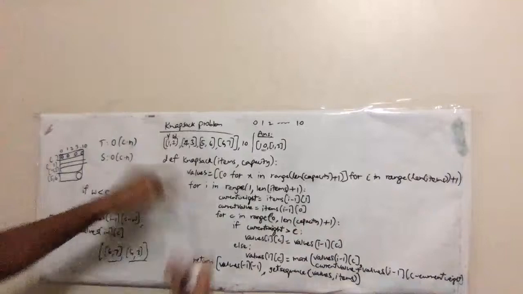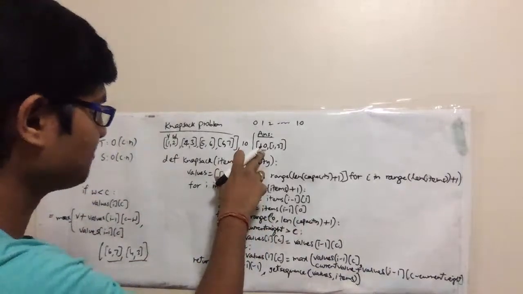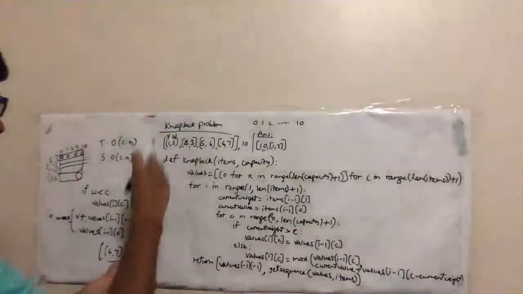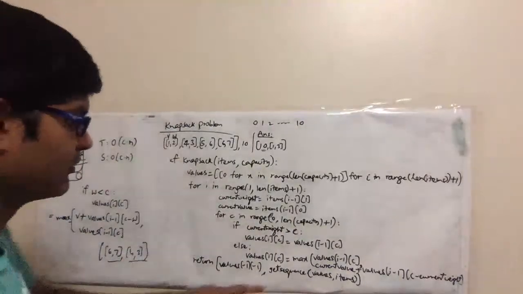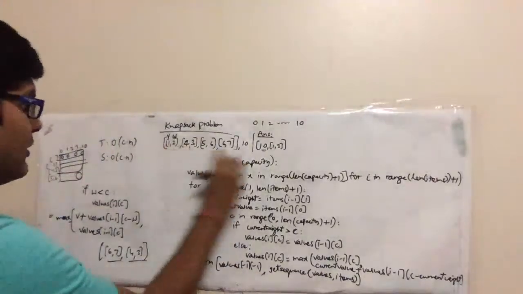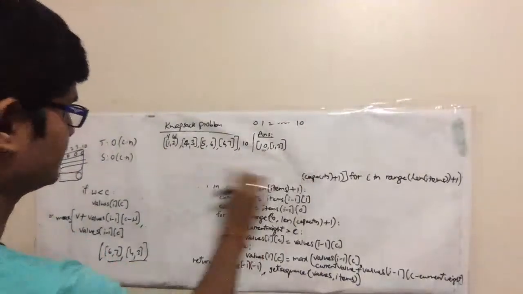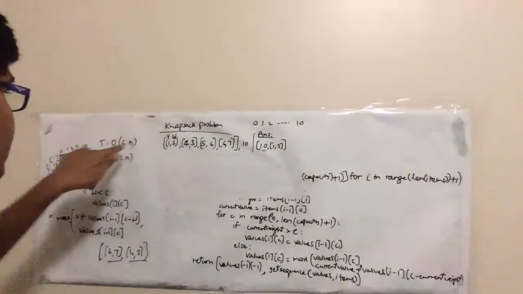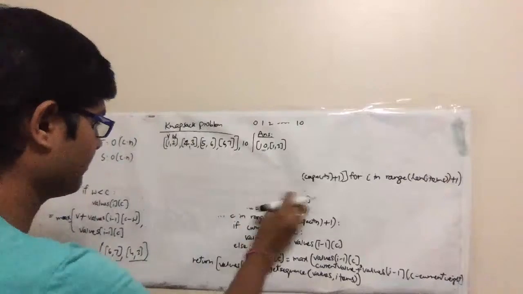Okay, so this completes this part, this calculation, and for sequence we need to do like this. We created a get sequence call here, and we need to implement that. If you see, this is iterating n into c times, so this is the time complexity for this.